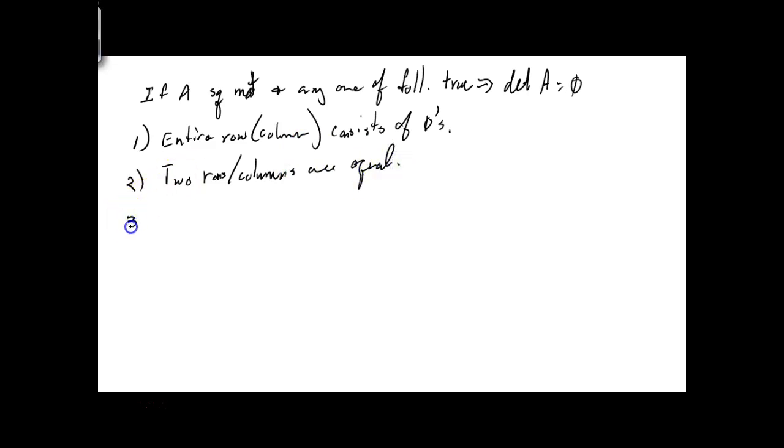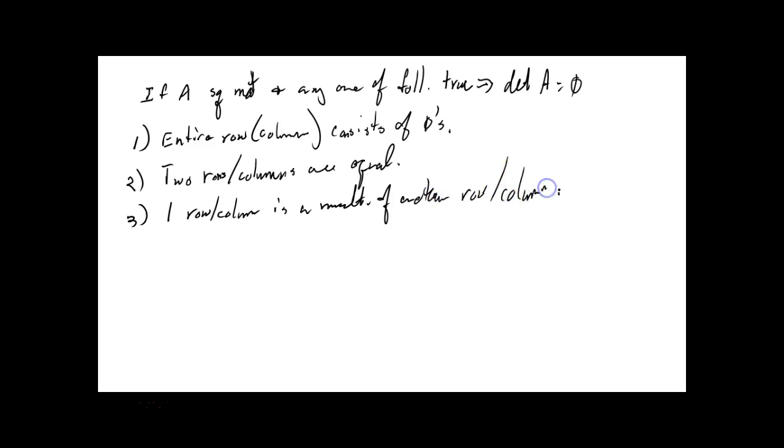Okay, and number 3, 1 row or column is a multiple of another row or column. Okay, those 3 are going to make it a 0 determinant. Okay?